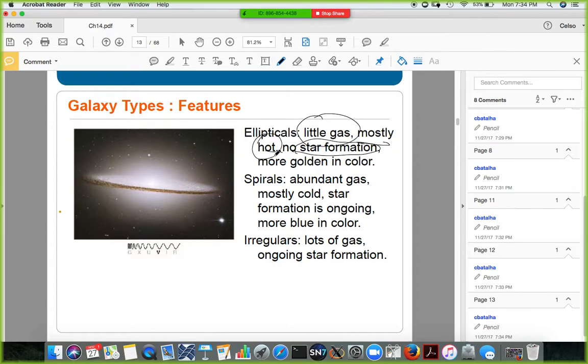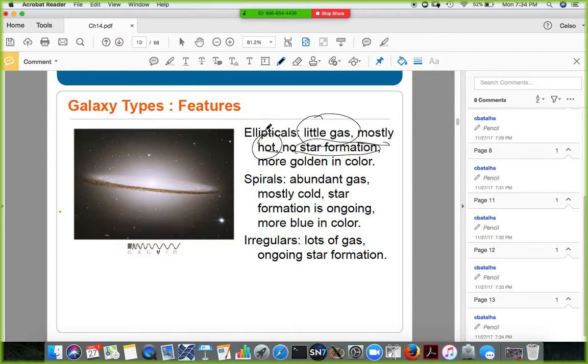With hot gas, gas cannot clump to form stars because the gas pressure in hot gas promotes outward motion, expansion rather than contraction, which is the requirement for formation of stars.